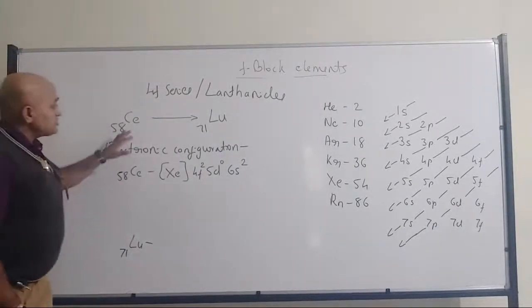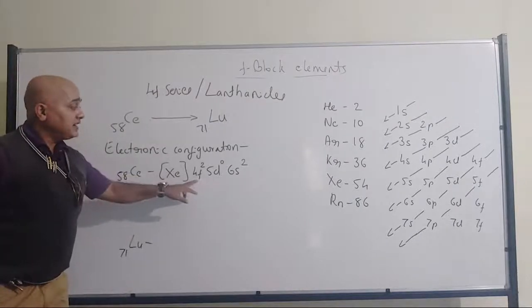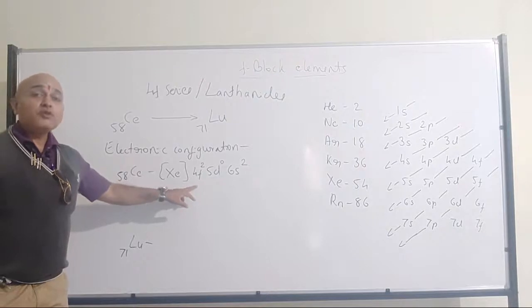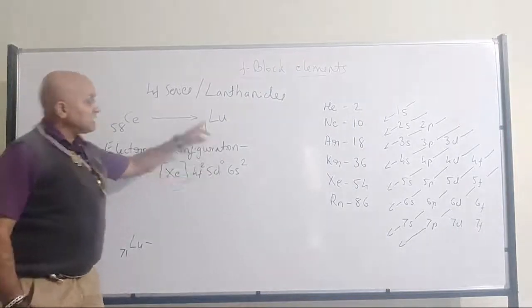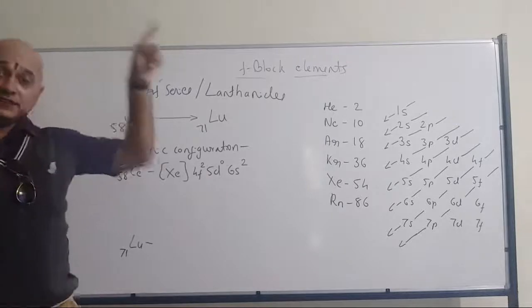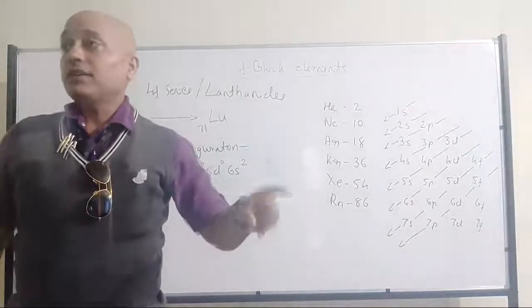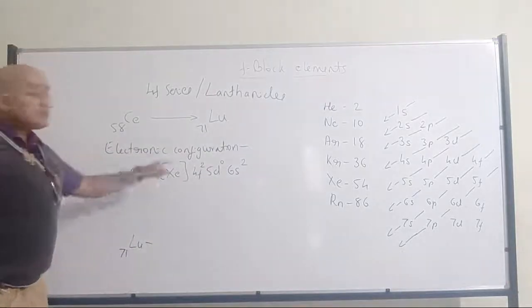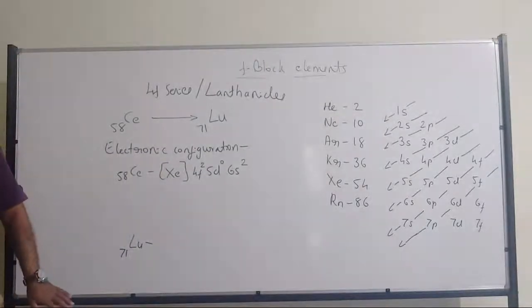But when it comes to cerium, it will enter the 4f. So cerium is included in the f block, and lanthanum in the d block, because here the d subshell is getting filled and there the f subshell is getting filled.